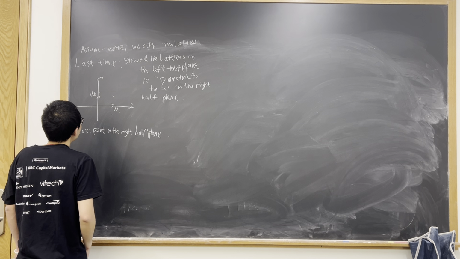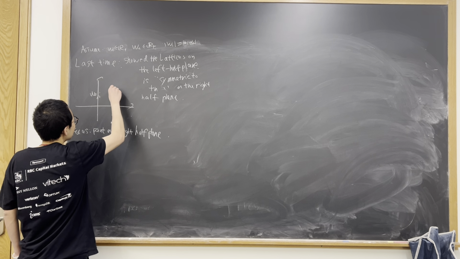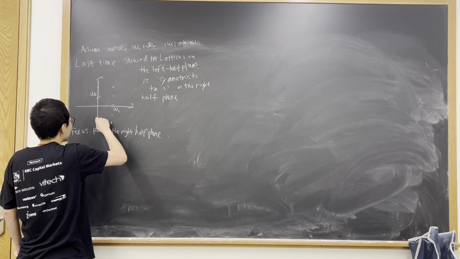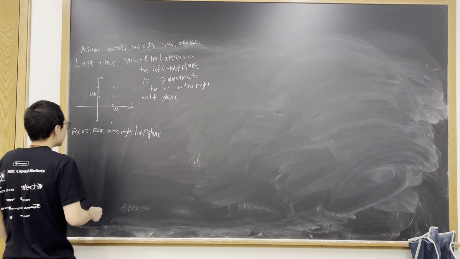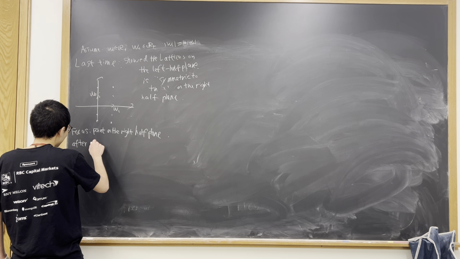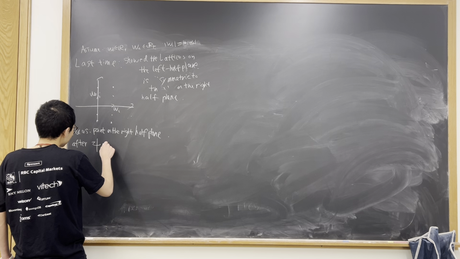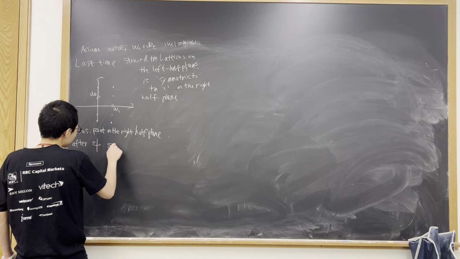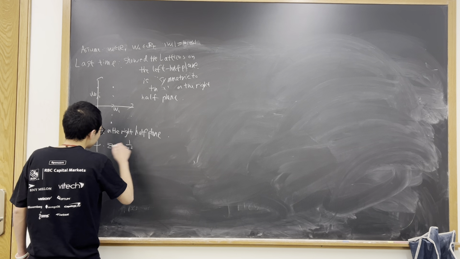So we do the transformation. After the transformation phi, which is defined from z to 1 over z squared, right?